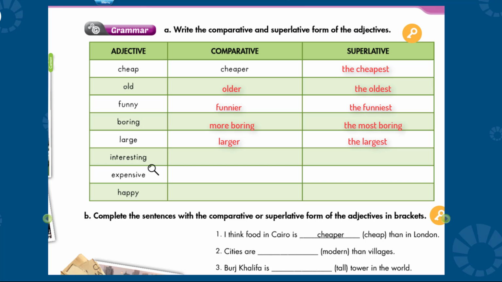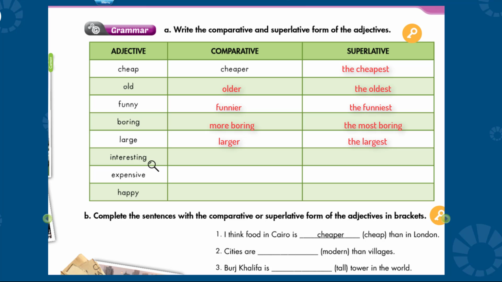And the next one, interesting. Oh, you can say interesting. Interesting is a long adjective, right? Interesting là một tính từ dài, had 3 syllables. So in comparative adjective we add more. In superlative adjective we add the most, right? Interesting, thú vị.